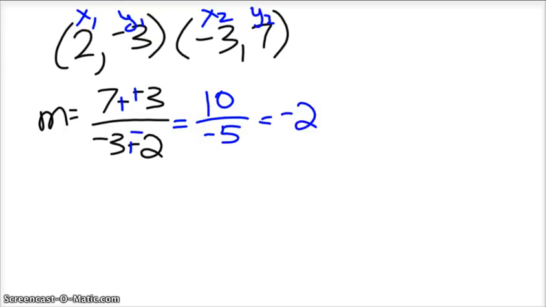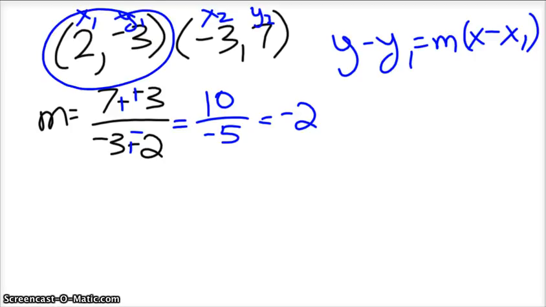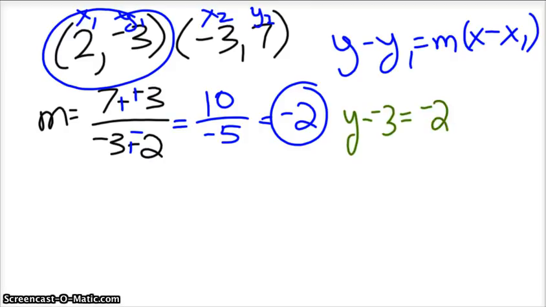Now we have to bring out point slope form, which was on the board during your test. So now we're going to say this point 2, -3 and the slope of -2. And we're going to work it as such. Y minus -3 is equal to -2 times x minus 2. Slope gets dropped in and so forth.